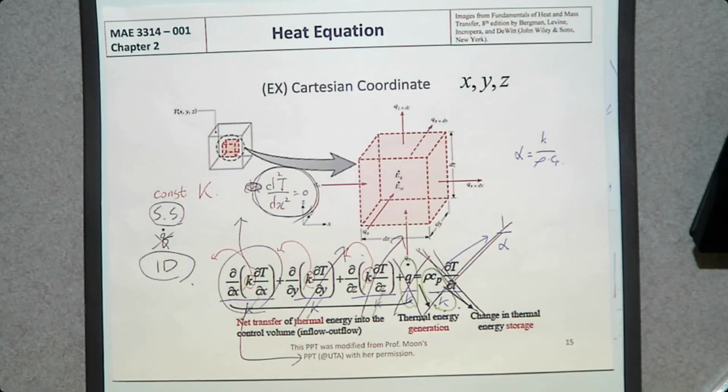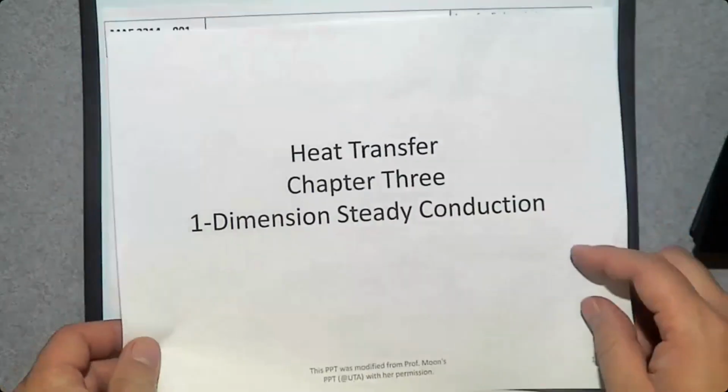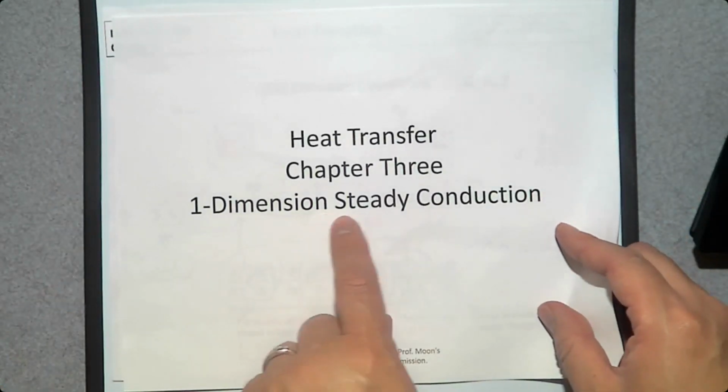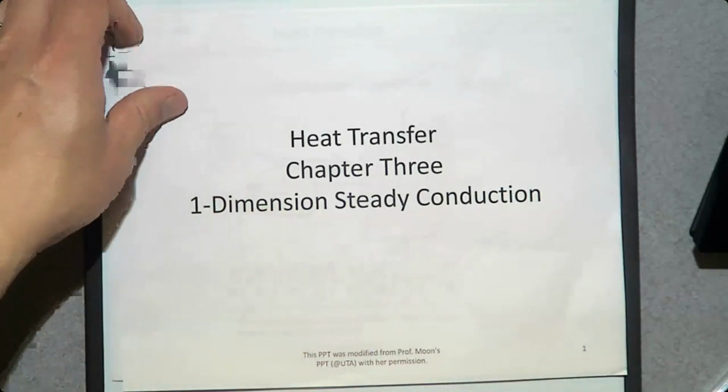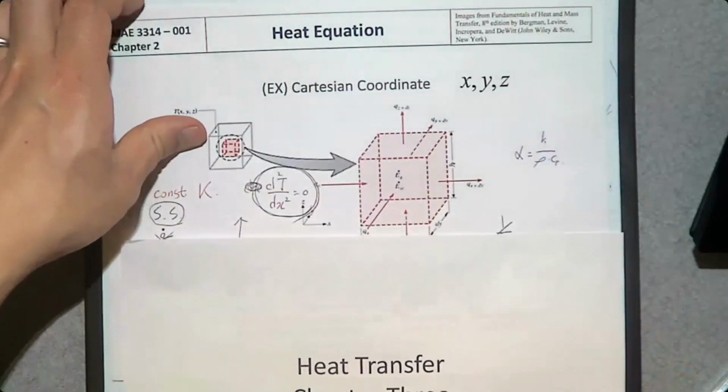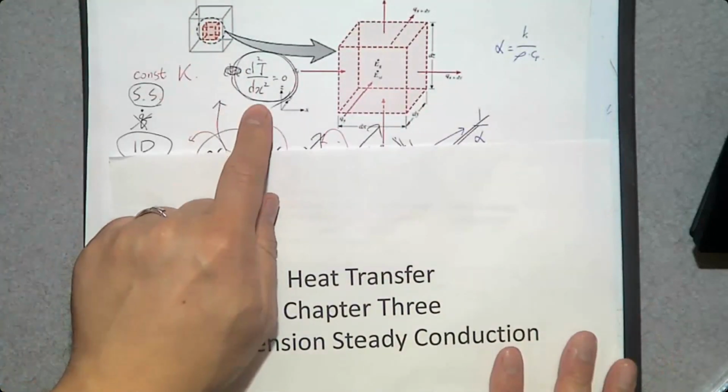Okay, so we are going to study this one first in chapter 3, one-dimensional steady conduction. So what is the governing equation? The governing equation is going to be this one.